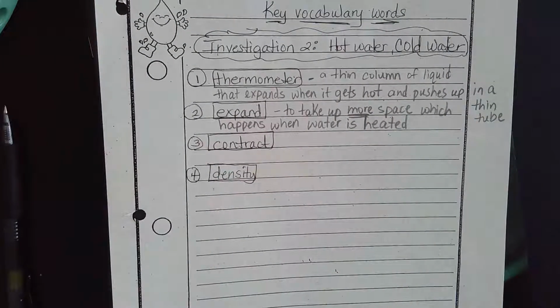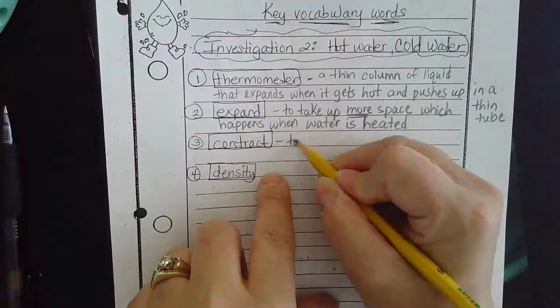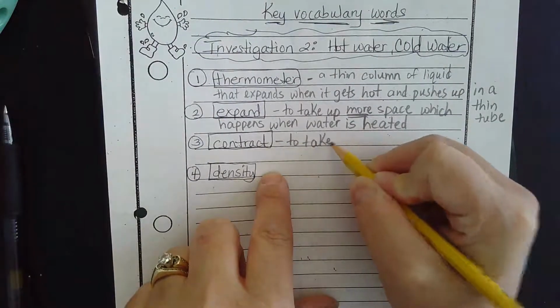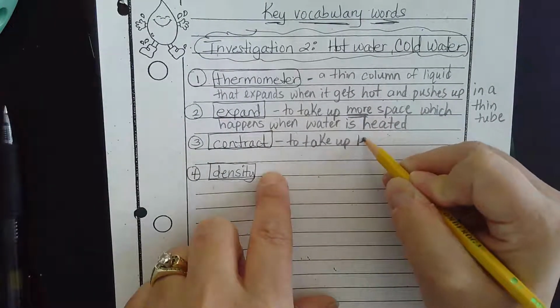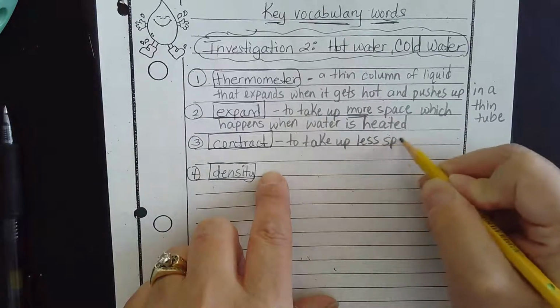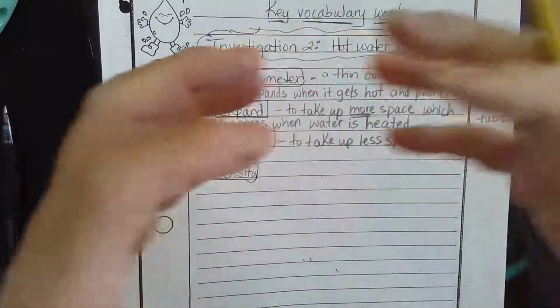So if expand is taking up more space, contract is actually to take up less space. Okay, so instead of going this way, it goes in that way.